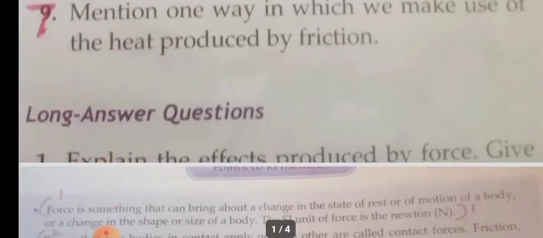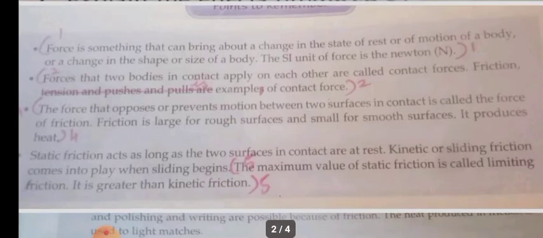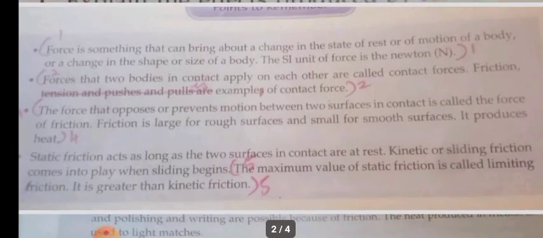Okay, now fourth question. What is friction? How is the nature of the surfaces in contact related to the force of friction? So let us discuss the answer. The force that opposes or prevents motion between two surfaces in contact is called the force of friction.